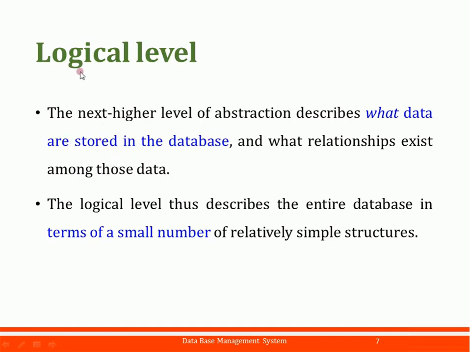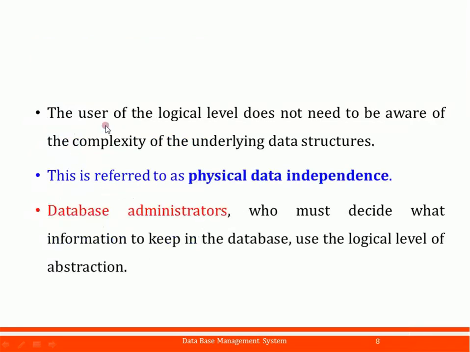That is shown in the logical level, and this describes the entire database in terms of a small number of simple structures. The complex structures are hidden. The user of this logical level does not need to be aware of the complexity of the underlying data structure. So he will not know about the underlying data structure.